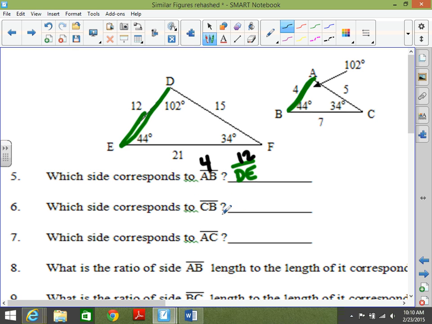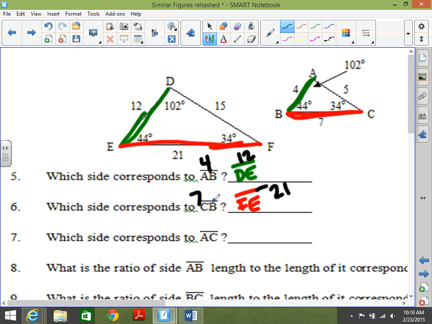Number 6. Which side corresponds to side CB? So here's CB. Different color. What goes with CB? FE, right? So side FE. How long is side CB? How long is FE? 21.